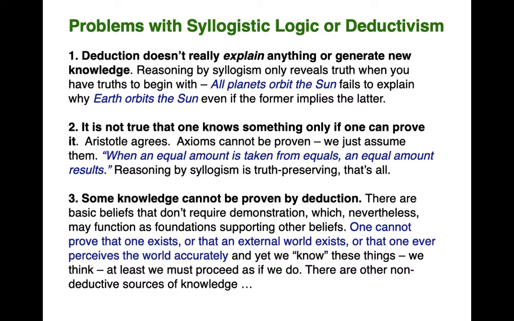We can't prove that you ever perceive the world accurately, and yet we presume we do sometimes, even though we might not know when we do. And yet we know these things, right? We know that we exist. We think we know. At least we must proceed as if we do. There are other non-deductive sources of knowledge.